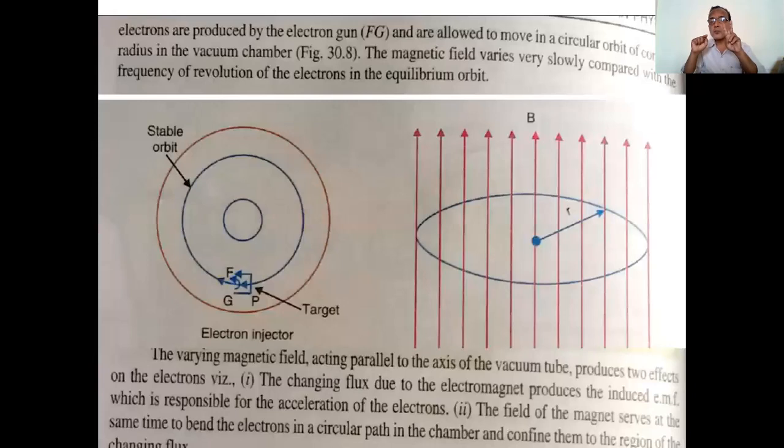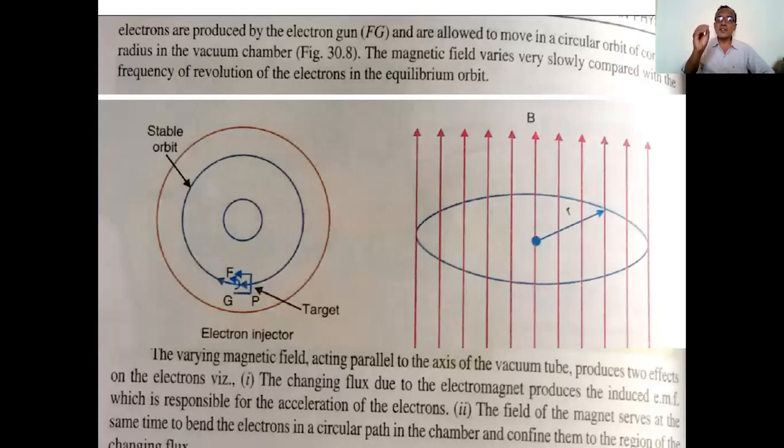And the varying magnetic field, which is acting parallel to the axis of this vacuum tube, produces two effects on the electron. First effect is that the changing flux due to the electromagnet produces the electromotive force.